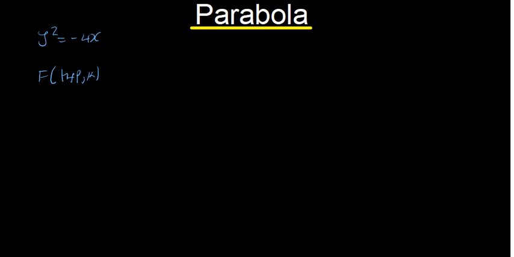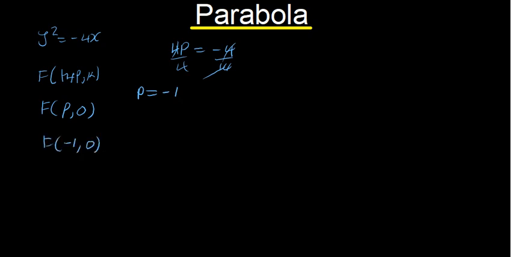So the focus is just going to be p comma 0. Now let's determine what our p is going to be. Remember, 4p is equal to minus 4. So we divide both sides by 4, and we eventually get p is equal to negative 1. So our focus is at negative 1, which makes a lot of sense because it opens to the left.